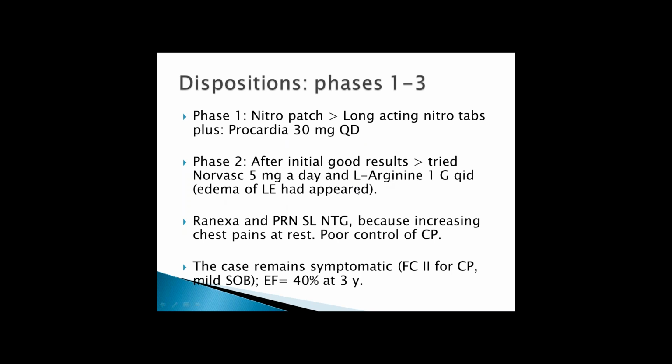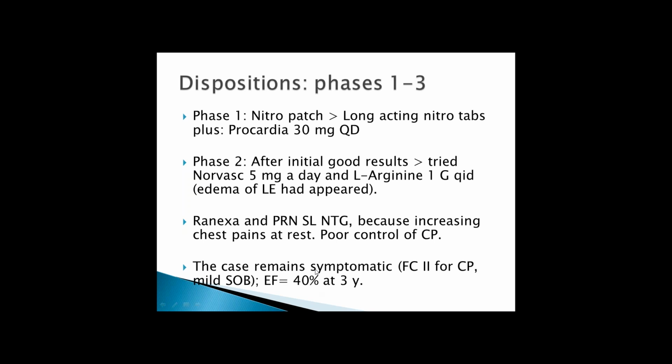We added L-arginine, but because of evidence of edema of the lower extremities, Norvasc was substituted in Mexico with Ranexa. Empirically, Ranexa improved the chest pain a little bit initially, but eventually she continues to be symptomatic, both because of atypical angina and mild shortness of breath.